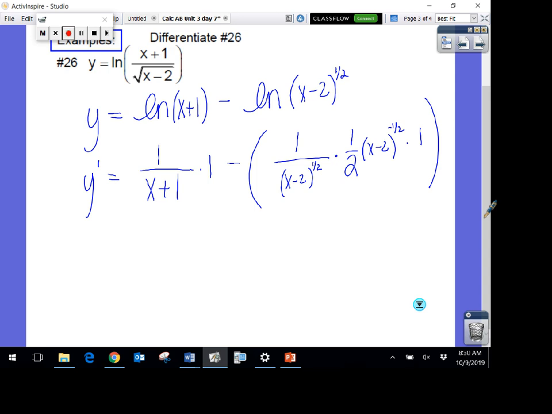This, oh, you could do that. This 1/2 right here, 1/2 natural log of x minus 2. Yeah, you could do that. It would work. Wait, would it work? I don't know if that would work. I've got to work it out too.